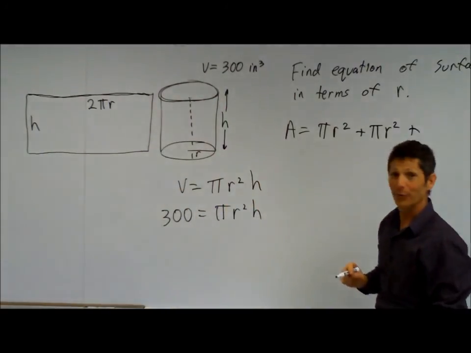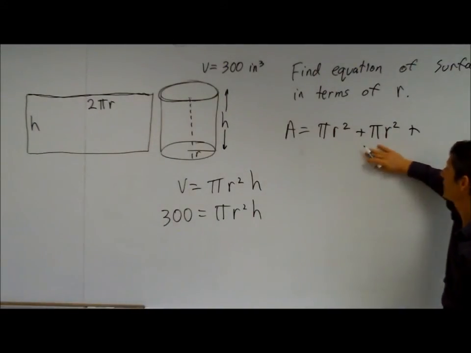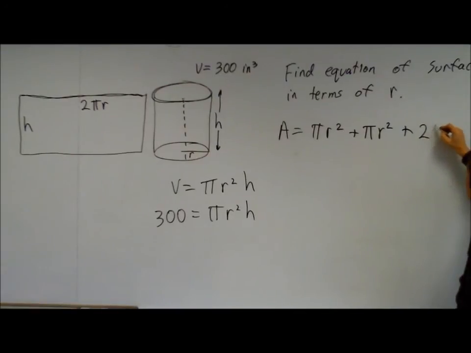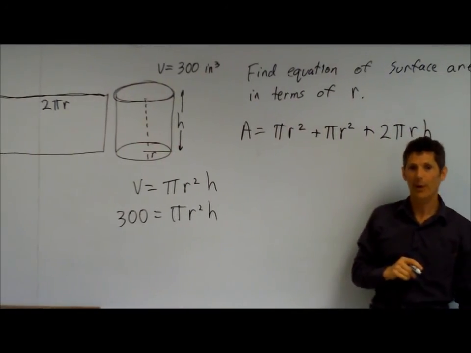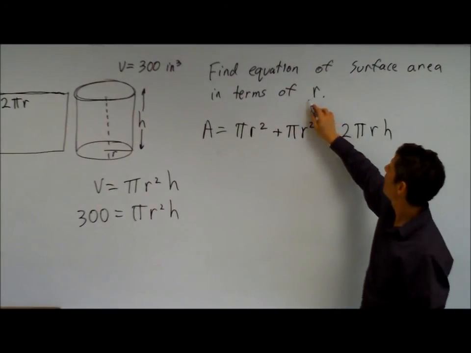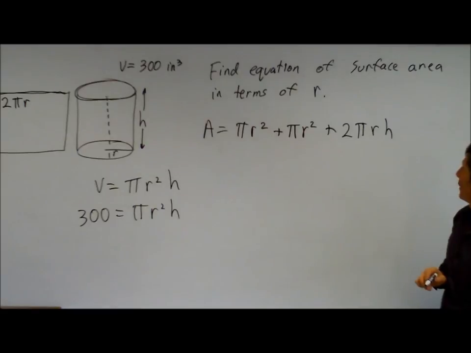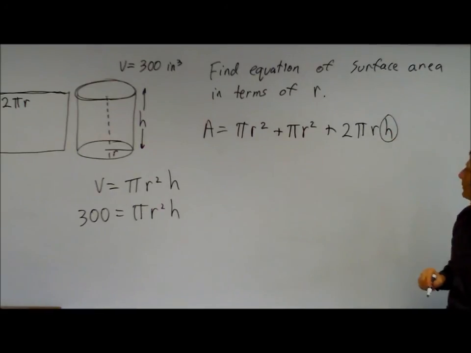So, back to my area. I've got the bottom plus the top plus the side, which is 2 pi r h. That is my area. So I want it in terms of r. What's the variable I'm getting rid of here? I think you're getting rid of that h. Getting rid of h. Fabulous.